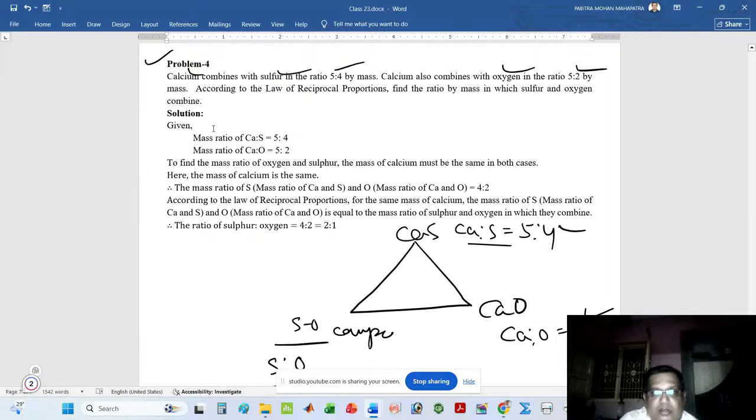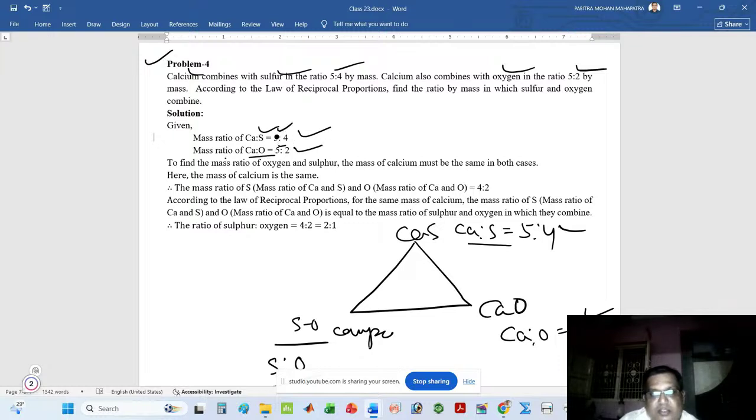Move to the solution. Mass ratio of calcium and sulfur, calcium is to sulfur is 5:4, as per the question. Here also we can write the mass ratio of calcium and oxygen is 5:2. Look at that. Here the calcium part is 5, here also calcium is 5.